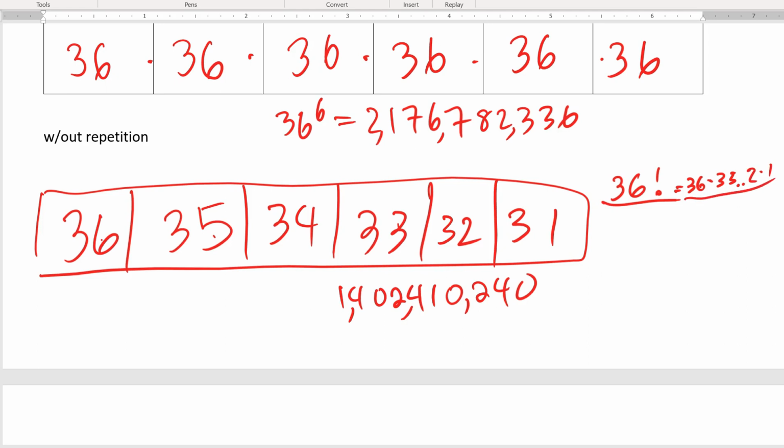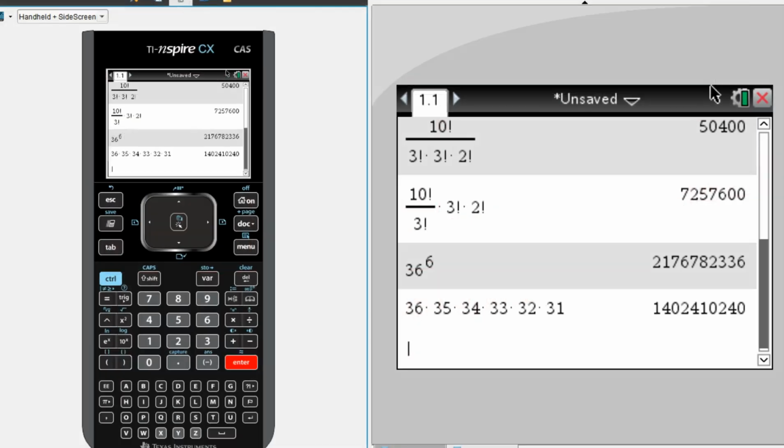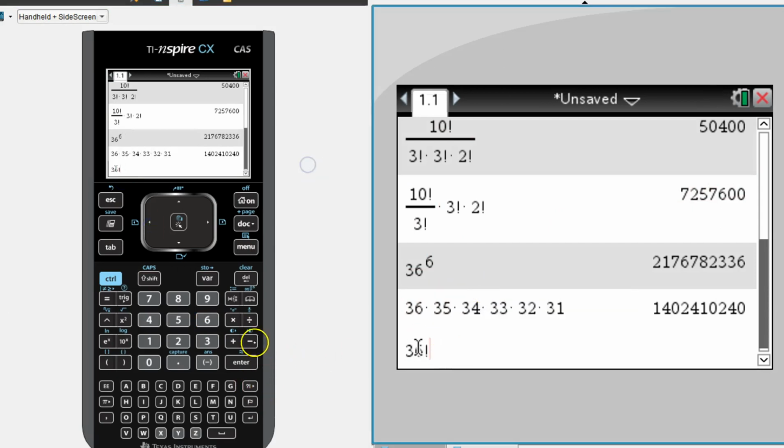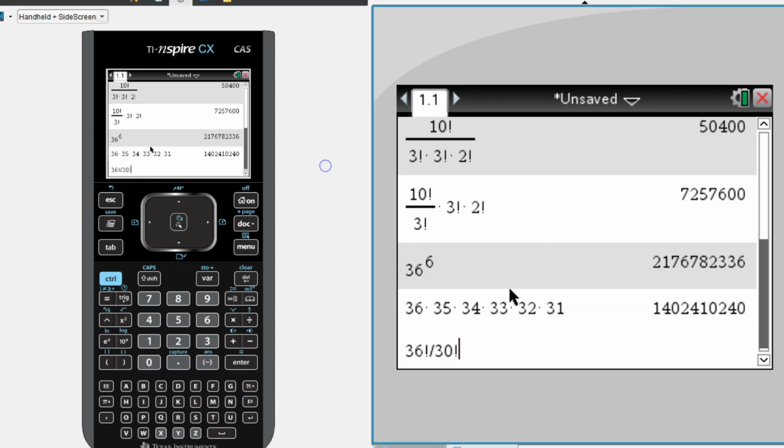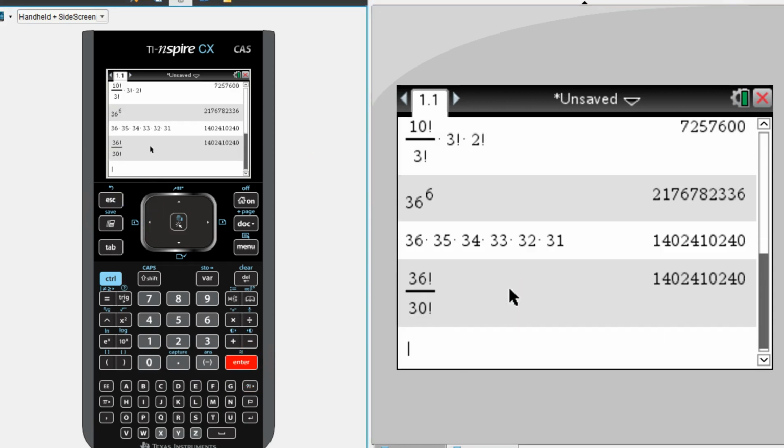And I basically could cancel out everything before the 31, so divide it by 30 factorial, which would be 30, 29, 28, so on and so forth, all down. And what that's going to just leave us with is this first group. So 36 factorial over 30 factorial. Gives us that same answer.